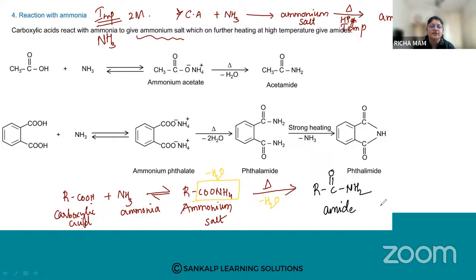Is it clear? From this, H2O will go out. So when H2O goes out, what will remain? R C double bond O NH2. Is it clear?